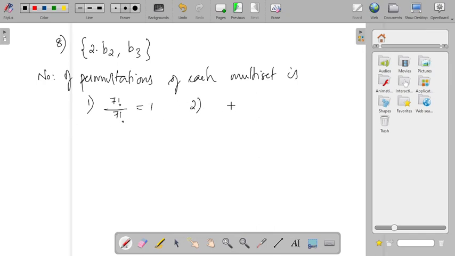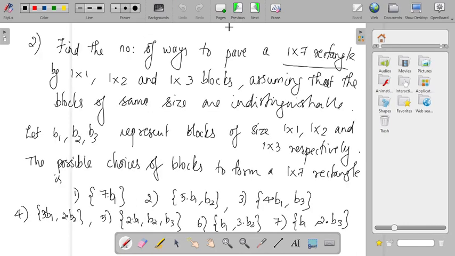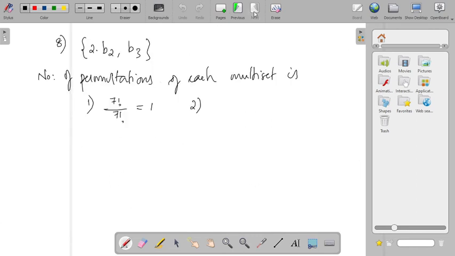And for the second one, that is 5 B1 and B2, again you will have 6 factorial by 5 factorial, so that is equal to 6.